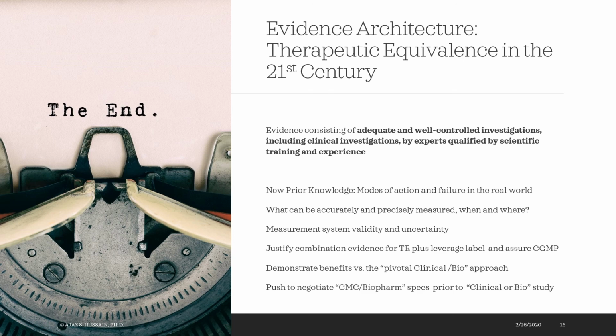And we must push to negotiate CMC biopharm specifications prior to clinical and bio study, whatever residual uncertainty remains, because those studies can help to identify and conclude on what are the right specifications. Specifications for product quality control should not be set after the trial. They should be set before the trials.